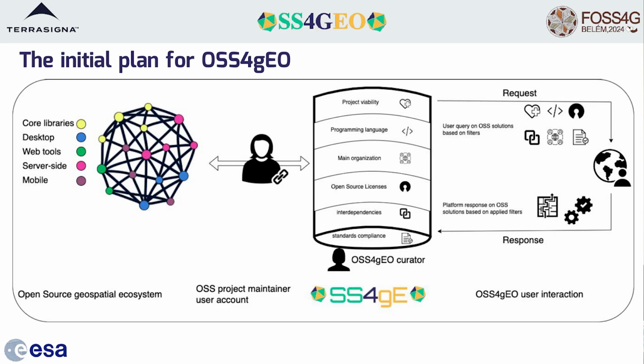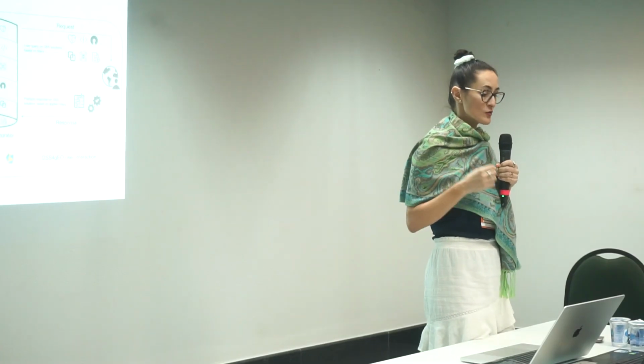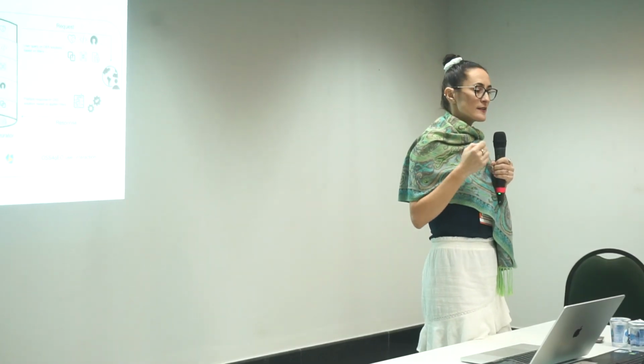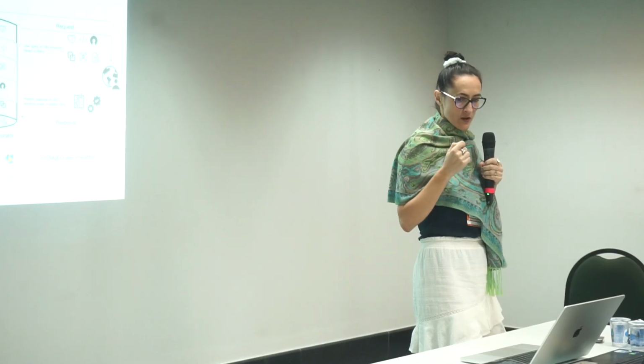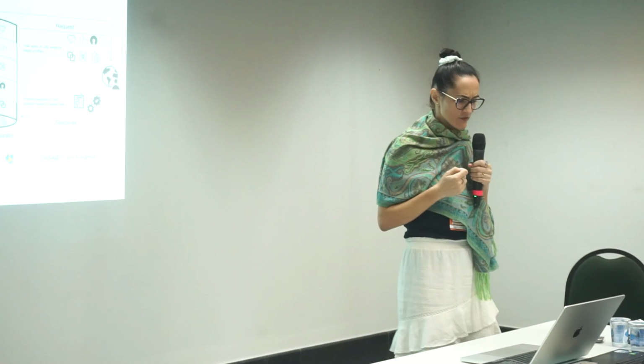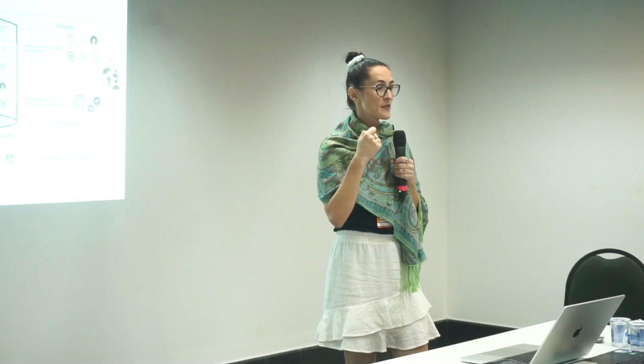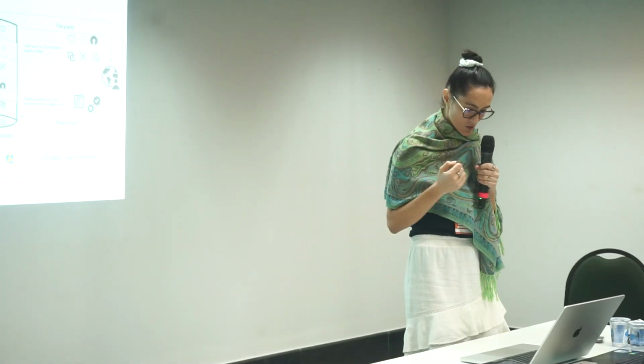Our idea was to not only look at the very easy stuff, like what kind of project this is, what solution it is, but also look at elements that are also relevant for a normal user. For example, the licenses, the geospatial standard compliance, the way that the project is run, and so on and so forth.